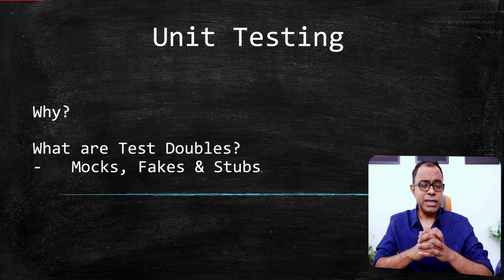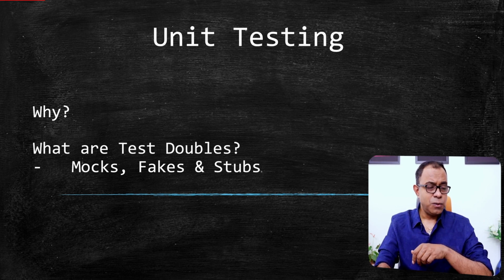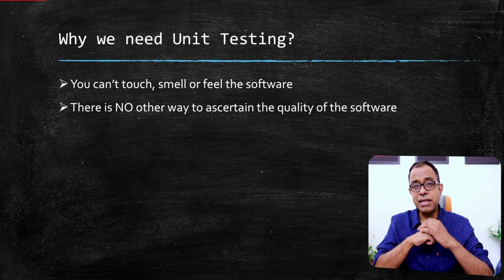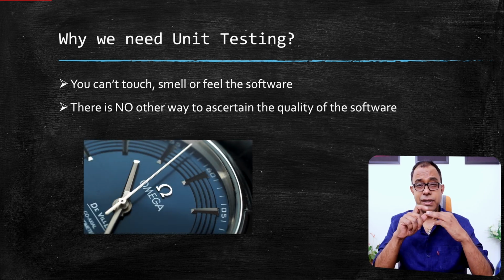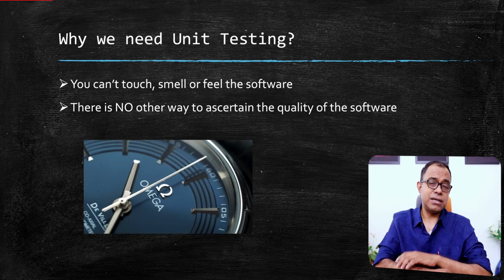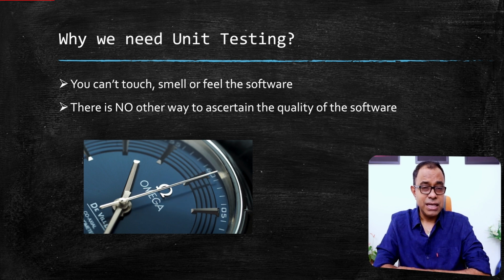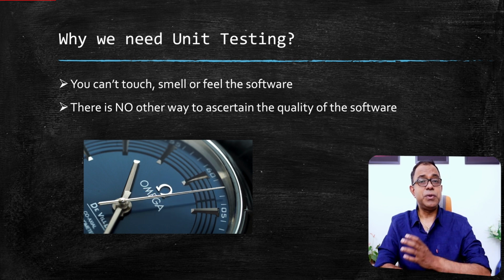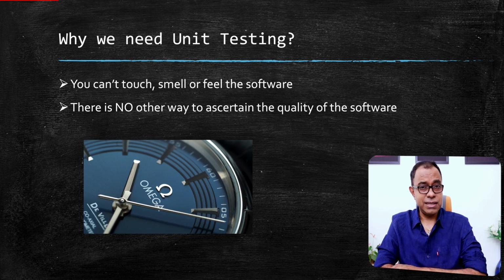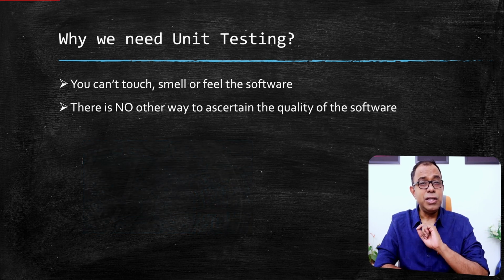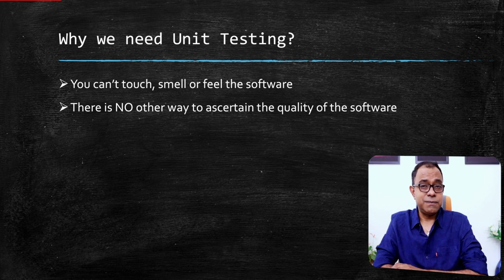Let's talk about unit testing. So first thing is why? Why do we need unit testing? Now think about software. You cannot touch, smell, or feel the software to ascertain the quality of the software. It's not physical. You cannot have a physical verification of the software, and that's why you need to write test cases.